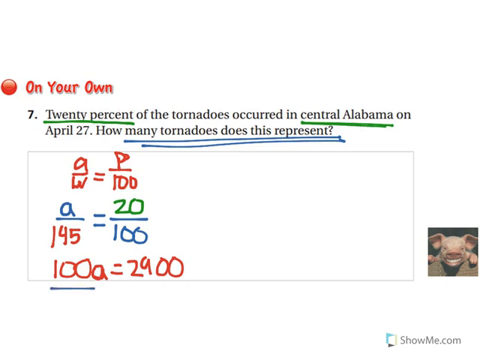Can then divide both sides by 100. And we find out that these cancel out, and we have A equals 29.